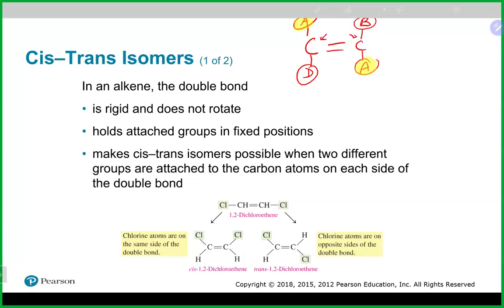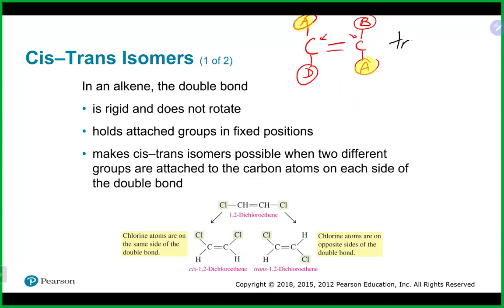One's kind of up and one's kind of down. So this would be our trans isomer, because those groups are up or down. Those are the two things that you need to even have the possibility of a cis or trans isomer occur. Each carbon in the double bond needs to have two different groups attached, and you have to have some group that's the same.